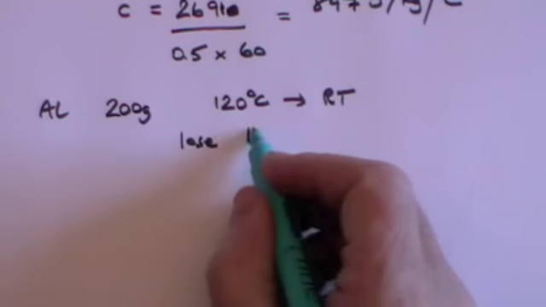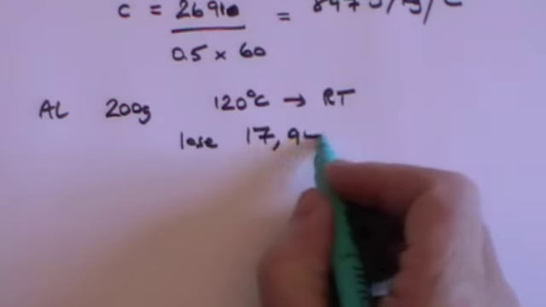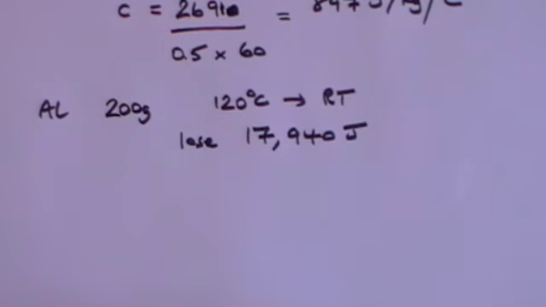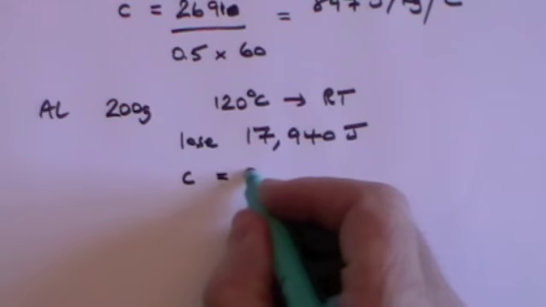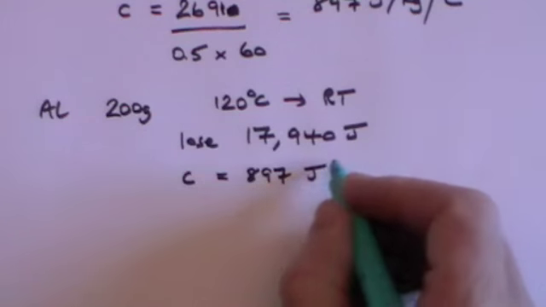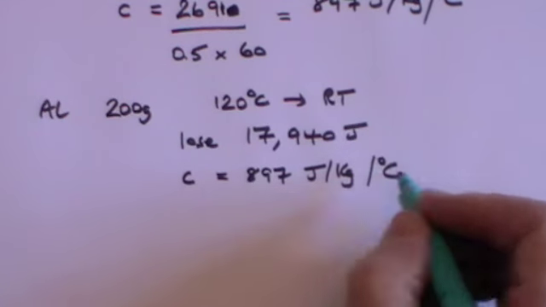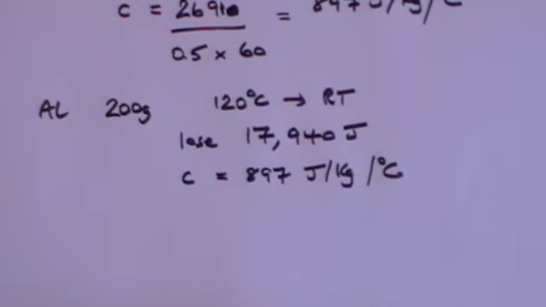It loses 17,940 joules of energy. And of course we know that the specific heat is 897 joules per kilogram per degree centigrade, because we just worked that out. So the question is, what is room temperature?